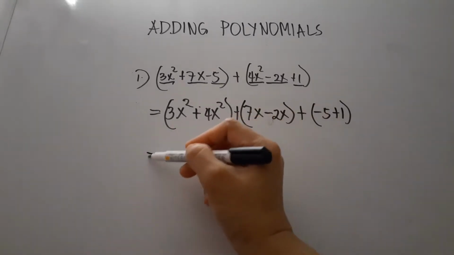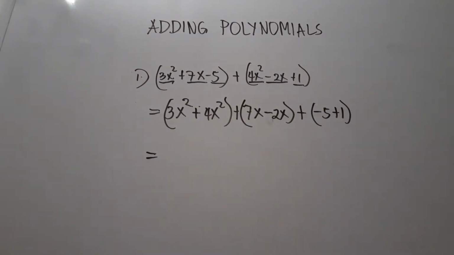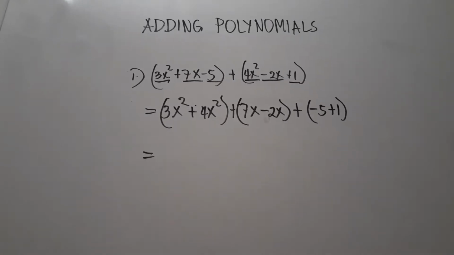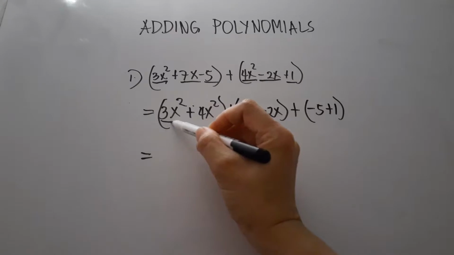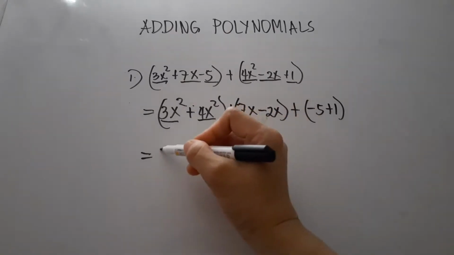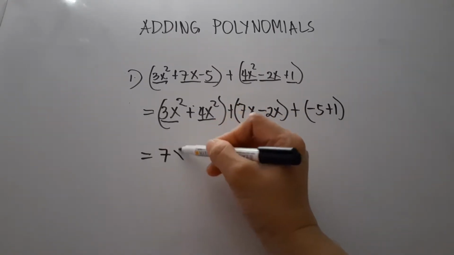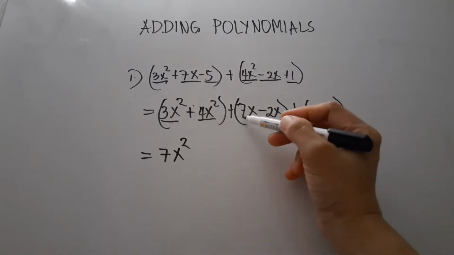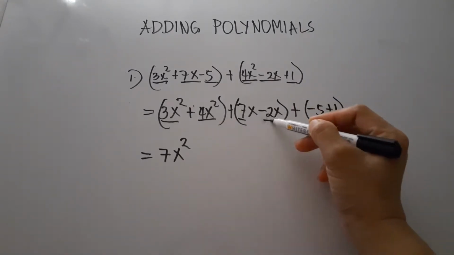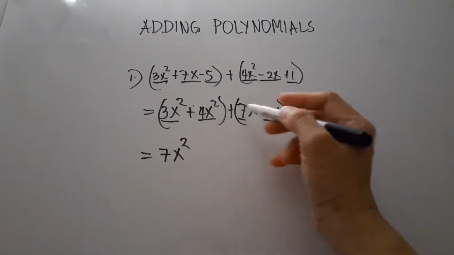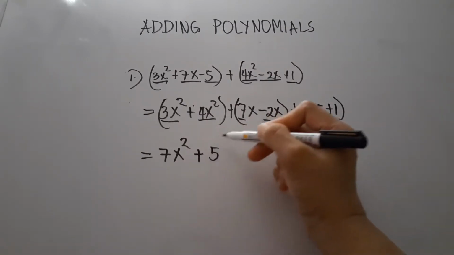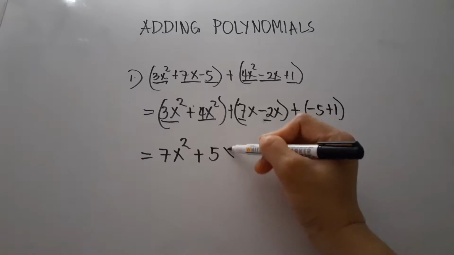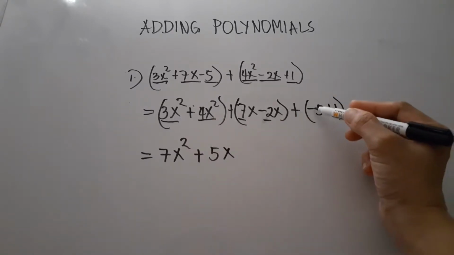And then we subtract or add the coefficients of the variables, which is 3 plus 4 becomes 7, since it is all positive, so we can add. Then 7x and negative 2x, since positive 7 is the larger coefficient, we can use positive, so 7 minus 2 becomes 5x.